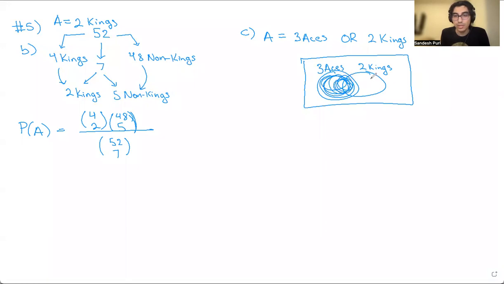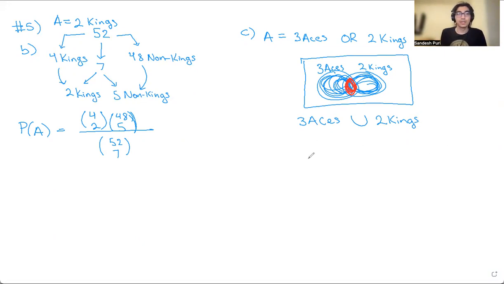Probability of getting 2 kings is the right circle. And the probability of getting both is the intersection, right? So really what this is saying is we get either 3 aces or 2 kings. It is the union of both events.